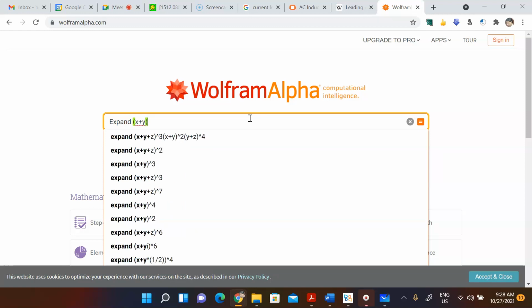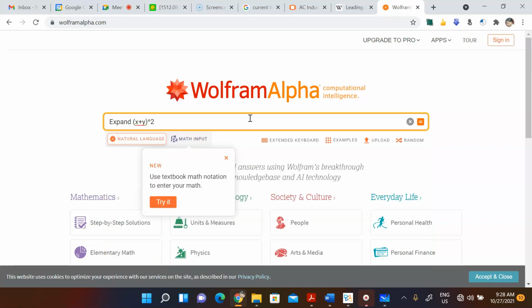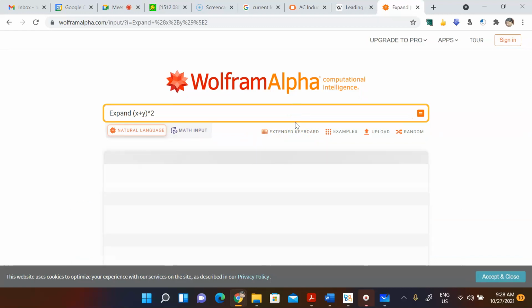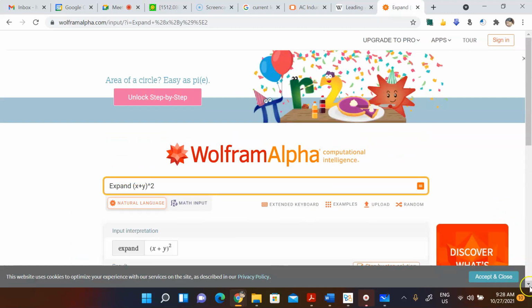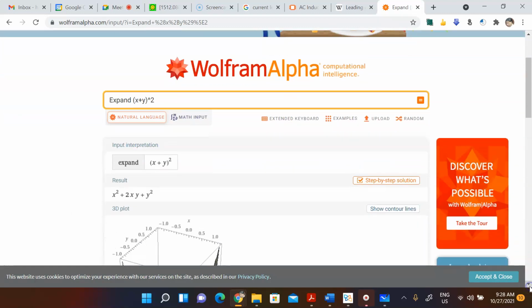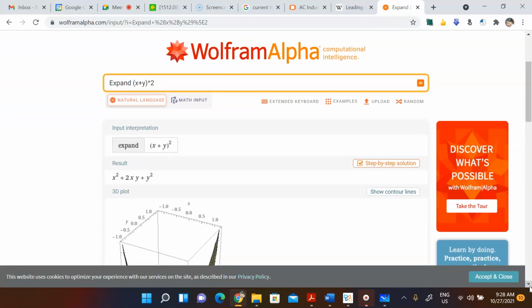Great. Of course this is simple enough. It's not calculating. Of course you know how to expand a quadratic expression over here. What we're interested in here is just that.